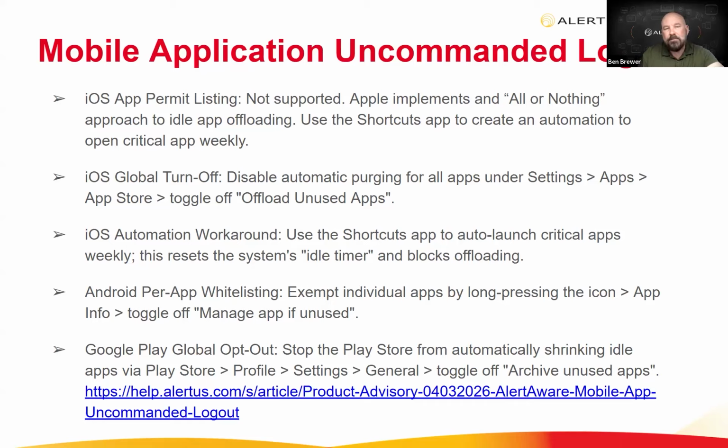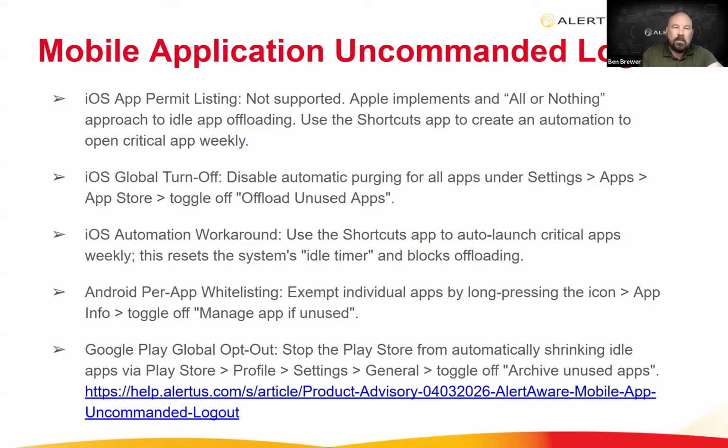Within the iOS structure, a lot of us, I know myself, definitely want any unused apps offloaded so that I can preserve my disk space for other critical things like my music. And that's not necessarily a bad approach. But when it does come to critical applications, such as AlertAware, for organizations that are not actively testing push notification on a monthly basis, there is a very strong likelihood that mobile app users and the mobile app itself may be deemed or identified as idle and therefore offloaded within iOS.